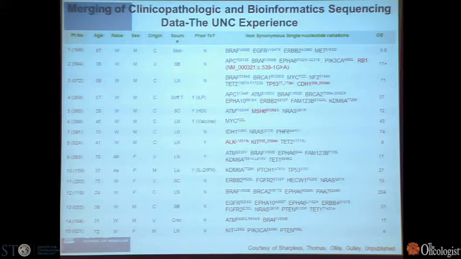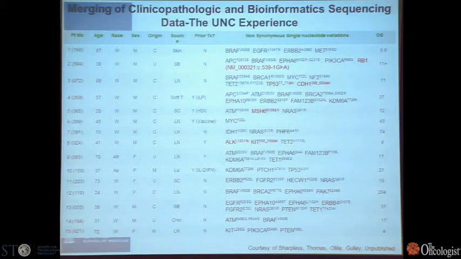So you can see here that, as we predicted, we do see mutations, sometimes lots of them. In black you see the single nucleotide changes. With red, you see shifts or deletions or other things.